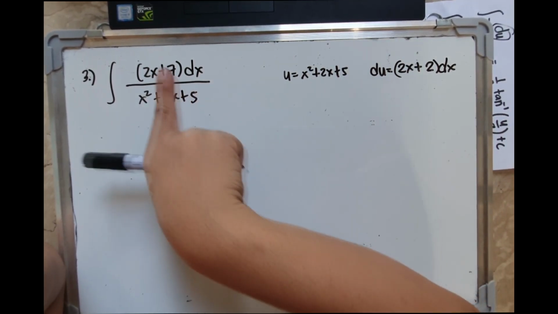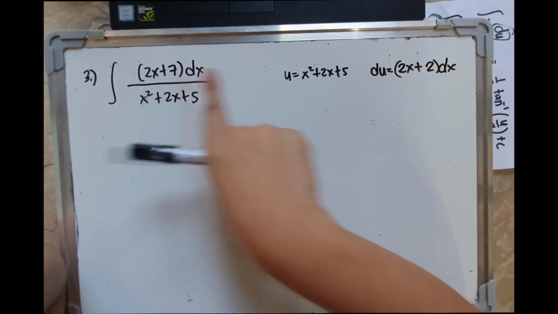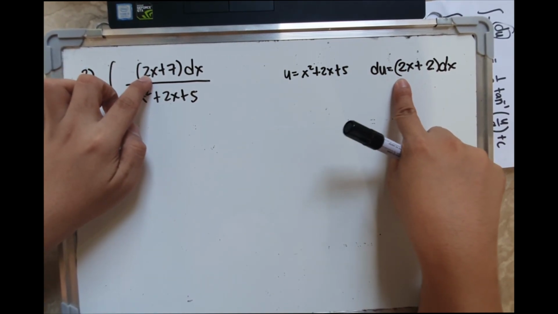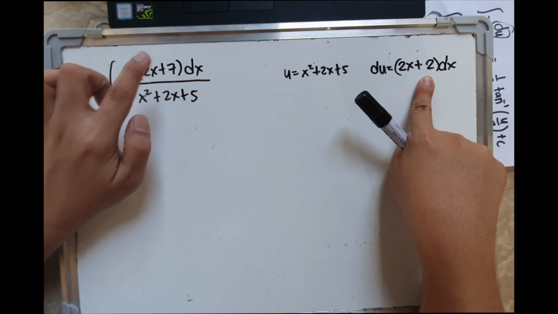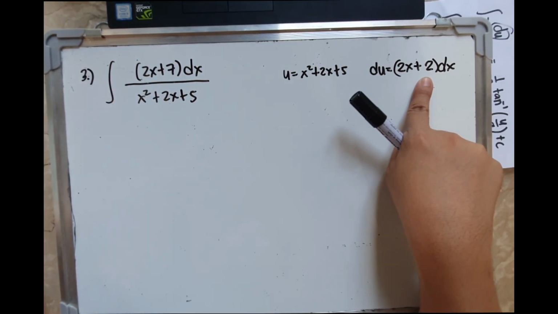If you look at the numerator side, we have 2x. The 2 could be derived out from 7, right? If we separate 2 and 5.